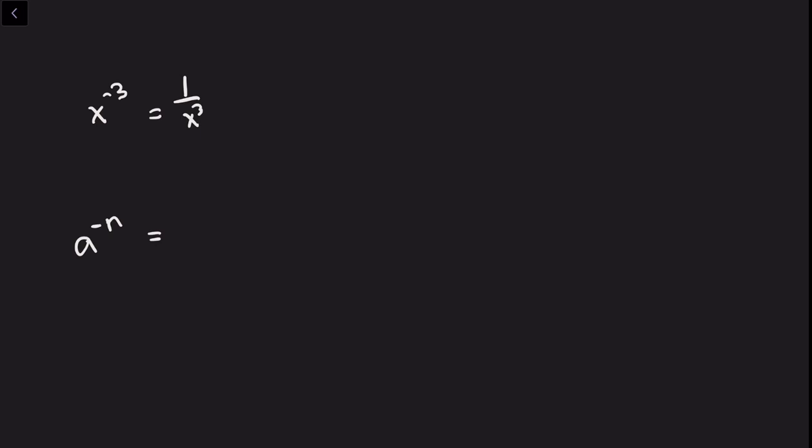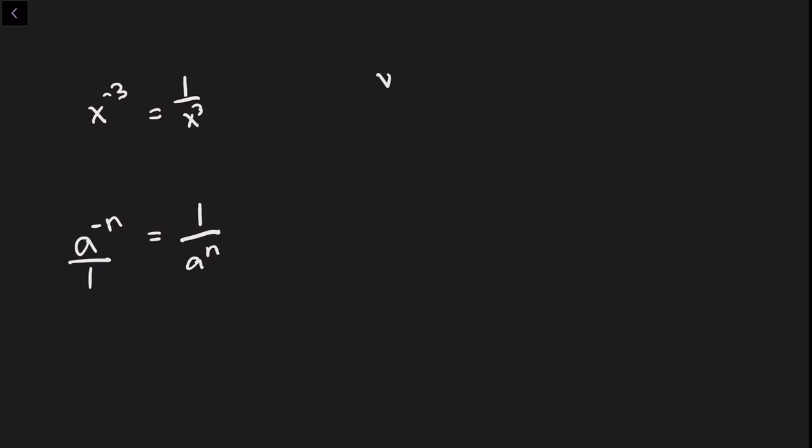So we can think of this being over 1. We would flip this fraction and have it be 1 over a to the n. What this does is it makes the negative exponent into a positive. So just to reiterate, we start with a negative exponent. We're going to flip this fraction with that imaginary 1 on the bottom, so it's 1 over our original number, with the only difference being that our exponent is now going to be positive instead of negative.